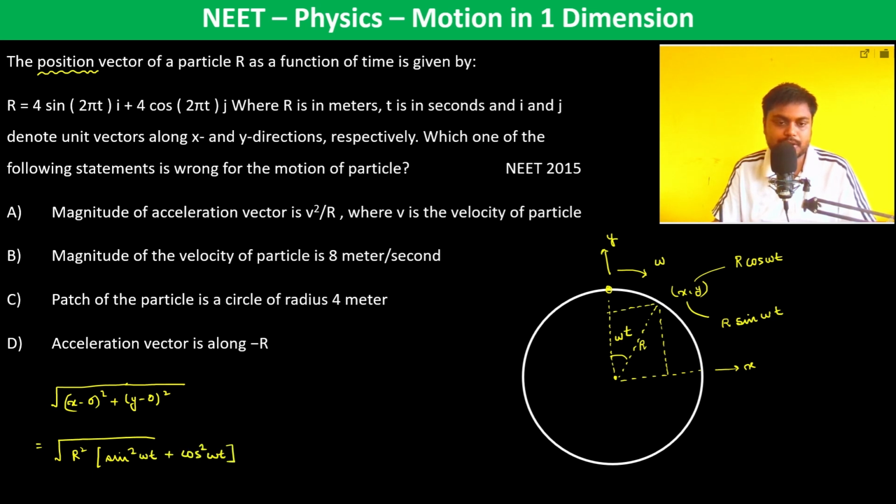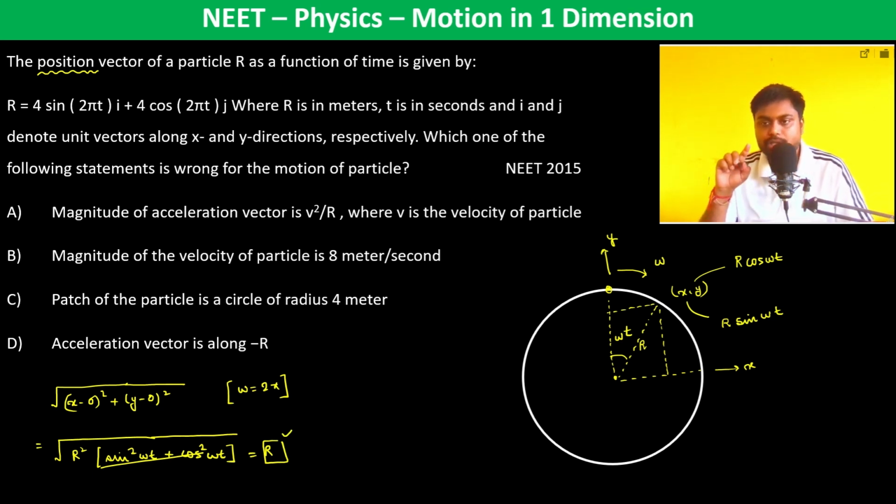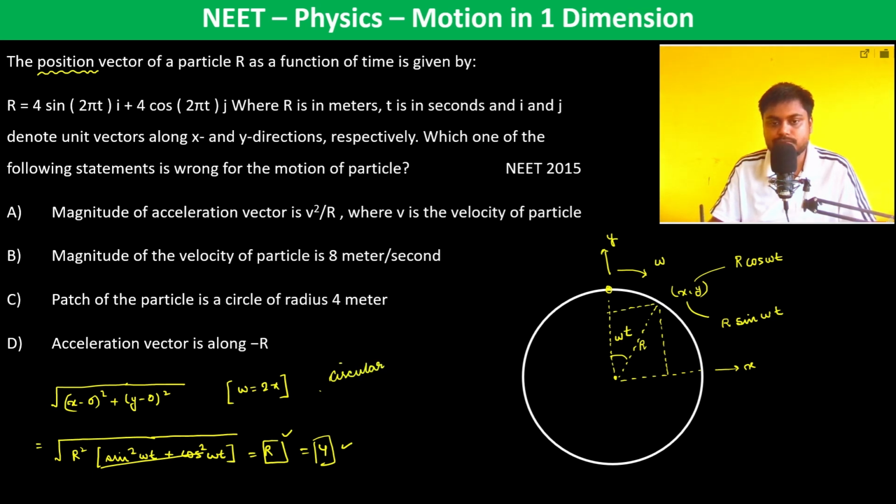Of course the omega here is 2 pi, so this becomes 1. Therefore this is r. Since the distance from the origin is fixed, which is r, equal to 4, the particle is undergoing circular motion.